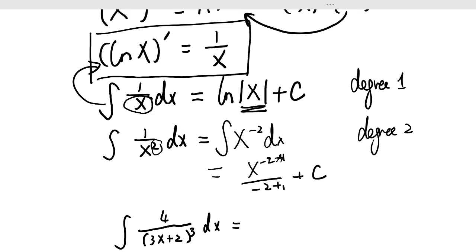So we see this is not degree 1. We have a 3. Most people answer that. So whenever it's not 1, we're not going to think about ln to solve it.